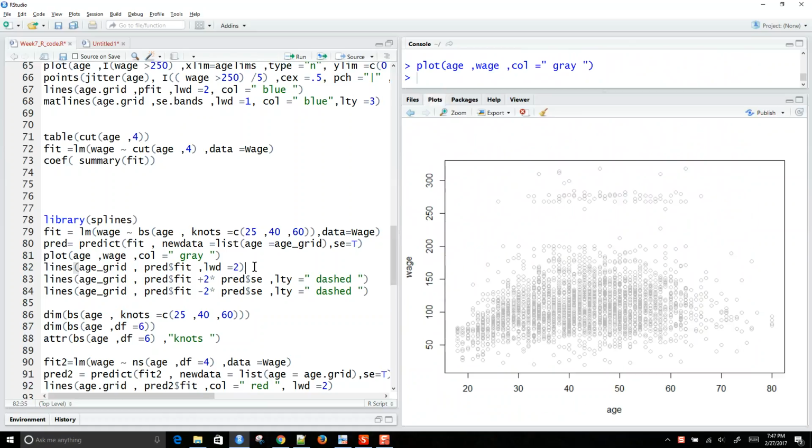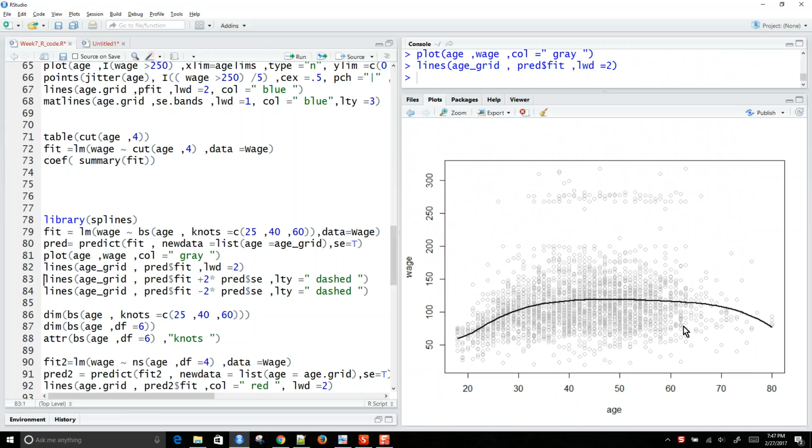The default for basis splines is cubic, and here it's fit at 25, 40, and 60. It's fit different things here. And we can add our upper and lower bounds.